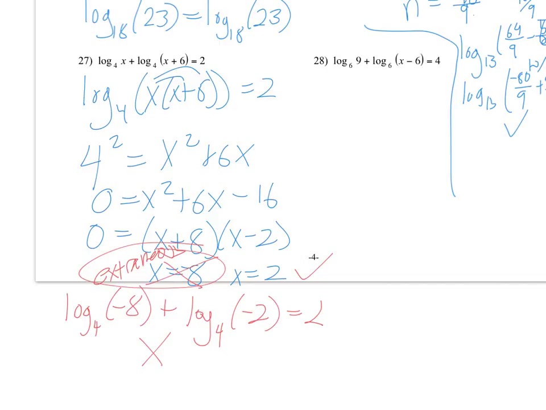For number 28, we've got log base 6 of 9 plus log base 6 of x minus 6 is equal to 4. I'm probably going to combine these things first, and we get log base 6 of 9x minus 54 is equal to 4. Let's convert this to exponential. 6 to the 4 is equal to 9x minus 54. 6 to the 4 is going to be 36 squared.